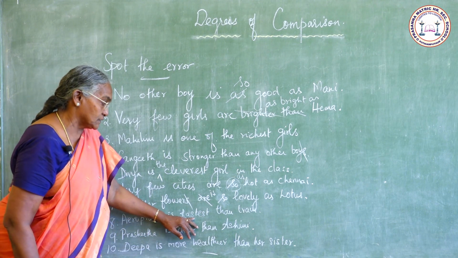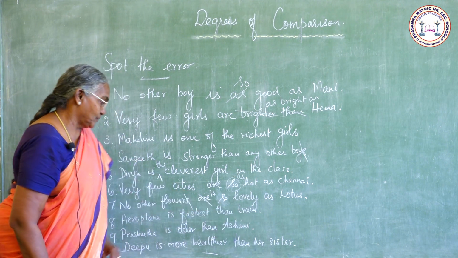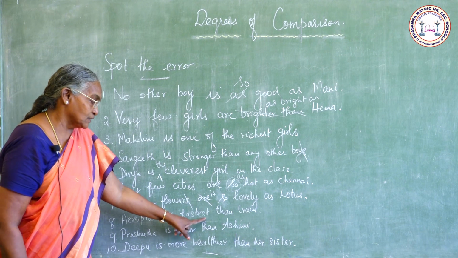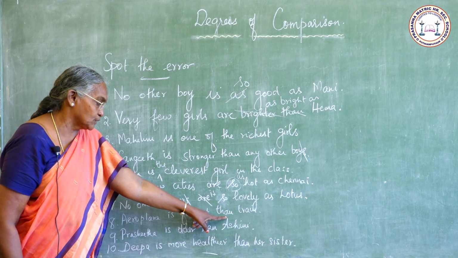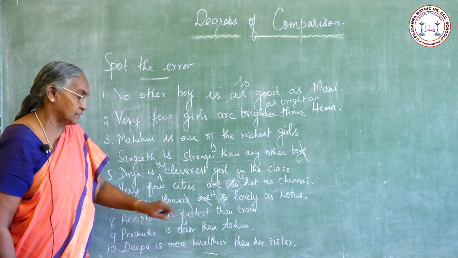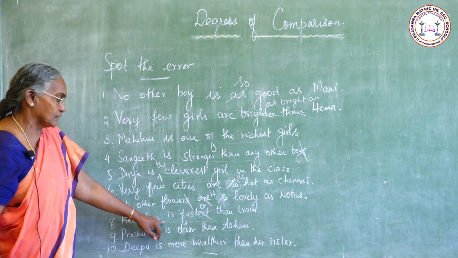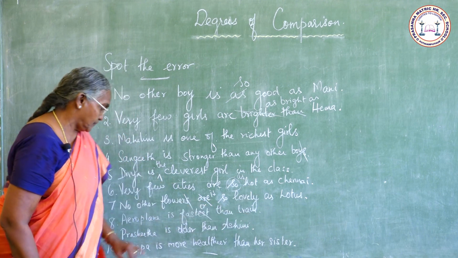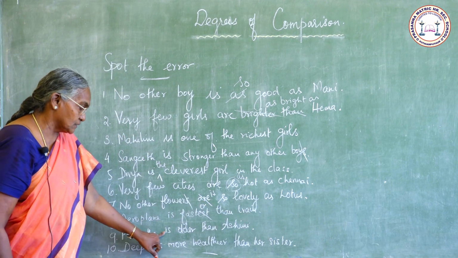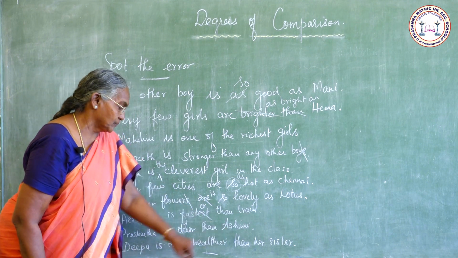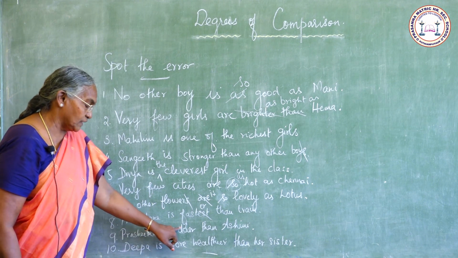Aeroplane is fastest than train. Fastest is the superlative, but "than" comes here, so we have to use only "faster". Aeroplane is faster than train. Prashita is older than Ashini.